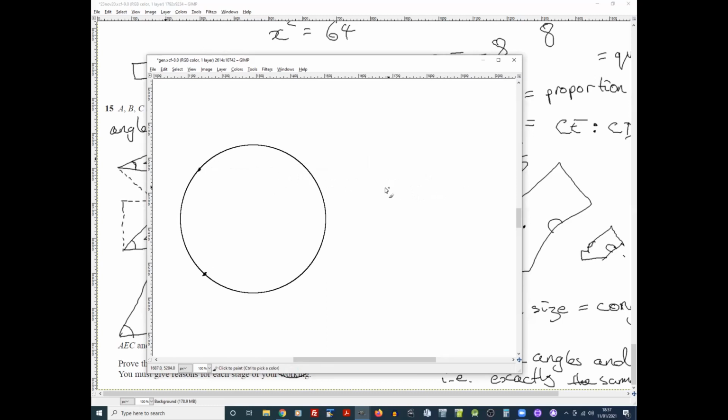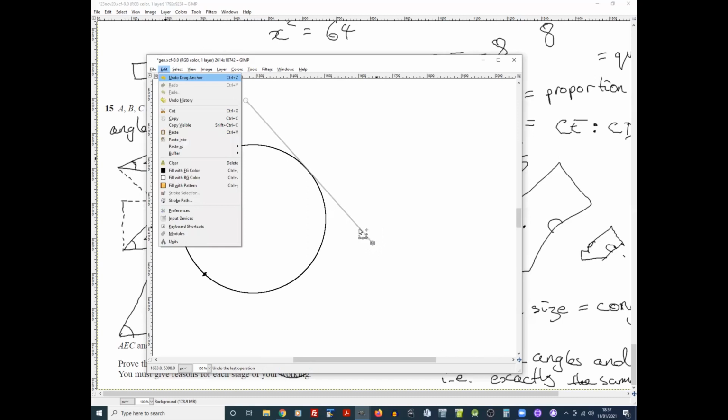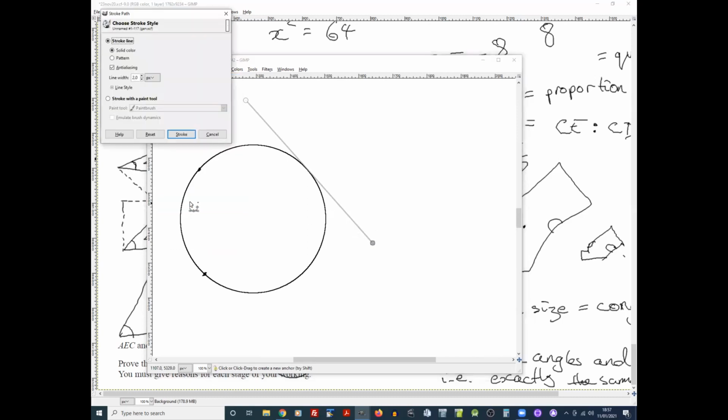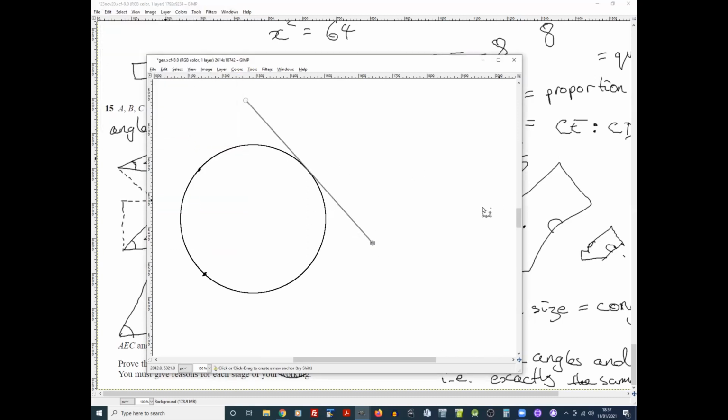But anyway, circle. Well, no, let's do it here. So tangent. It's not a tangent yet, is it? Because it's touching in two places. But if we can make it touch in one place only, then it's tangent. And then if I stroke that, right.